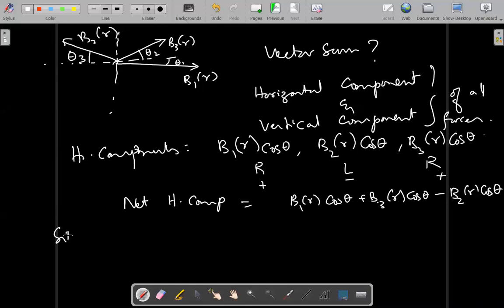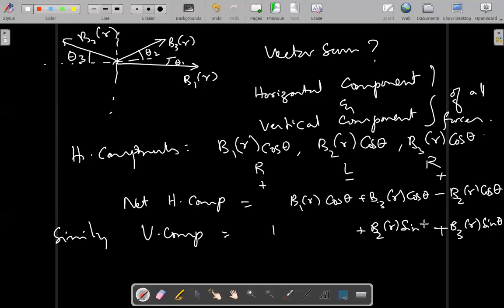Similarly, if it is going up, you consider it positive for vertical components. So onto the vertical, it's a sin theta: plus B3R sin theta. B2R is also going upward, so plus B2R sin theta.